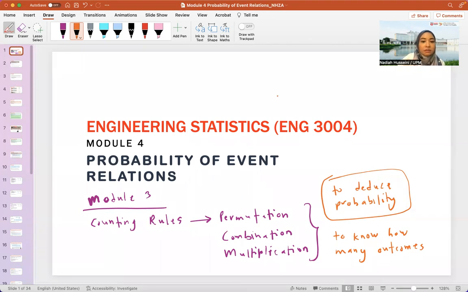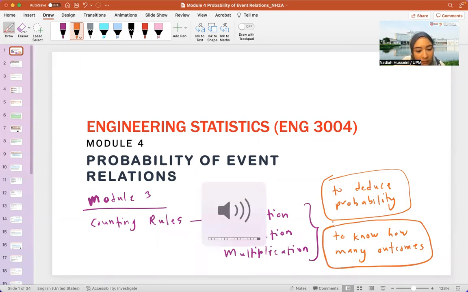How is probability related to outcome? To know the possibility of an event occurring.